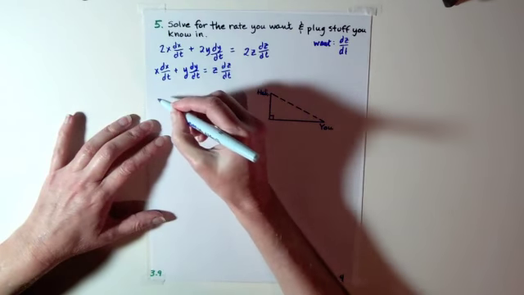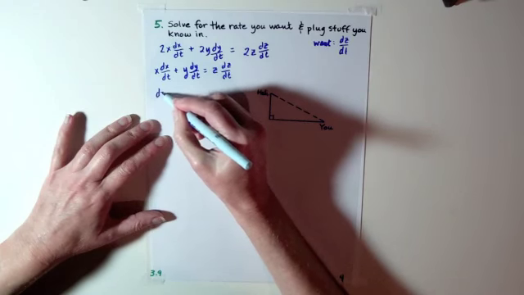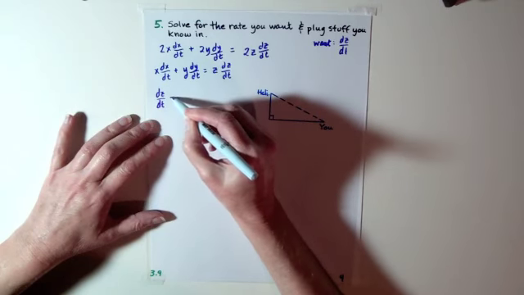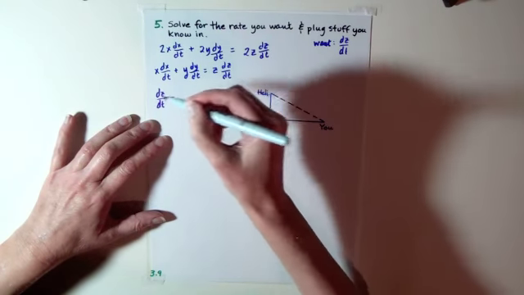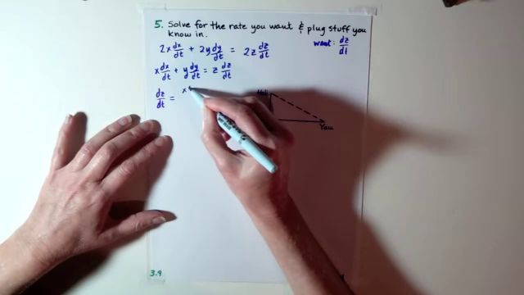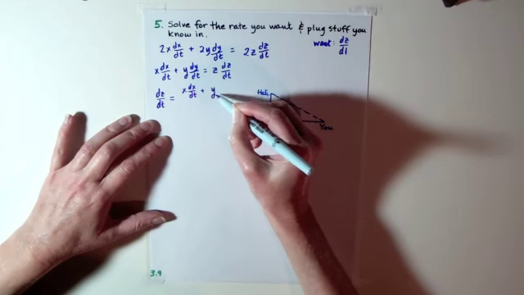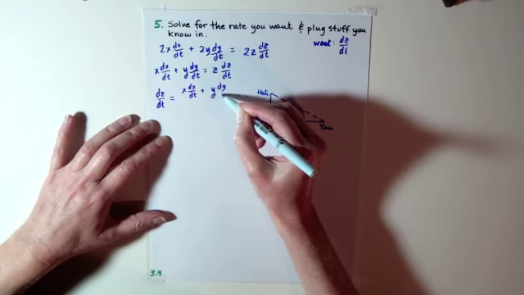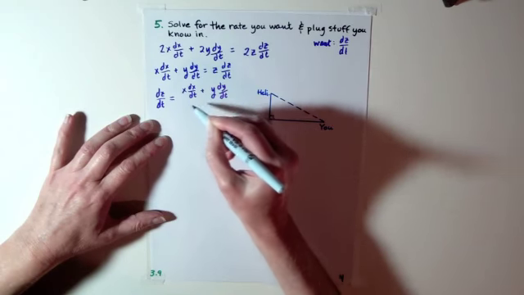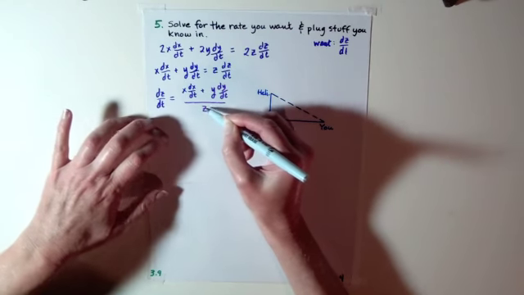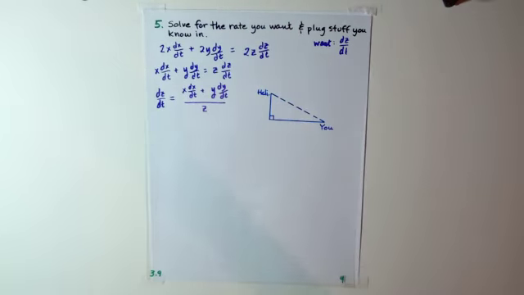So I'm going to write dz dt, and then the other side of the equation I'm going to divide everything by z. So it will be equal to x dx dt plus y dy dt, all divided by z. So I divided both sides by z, and I also flipped both sides of the equation, interchanged both sides.